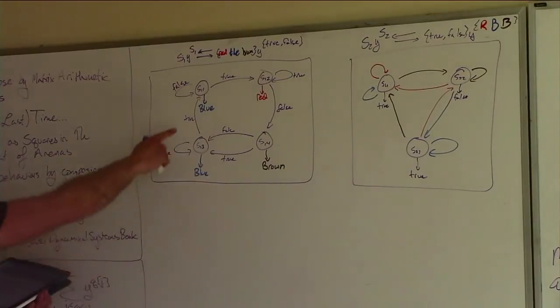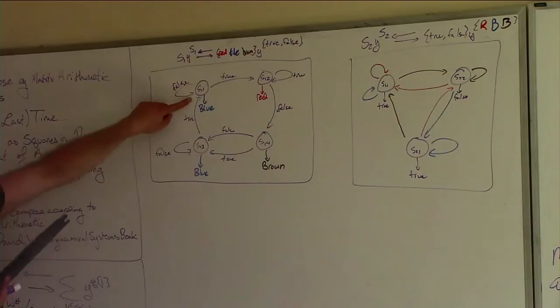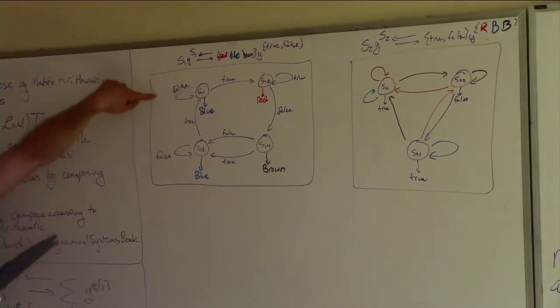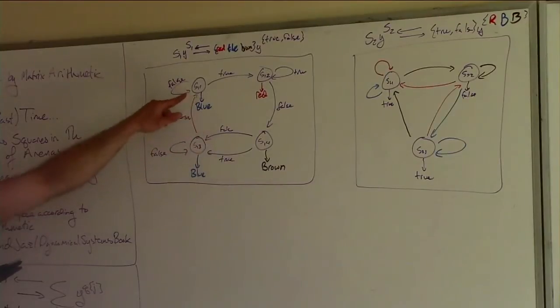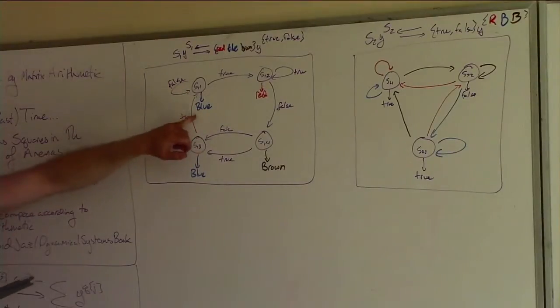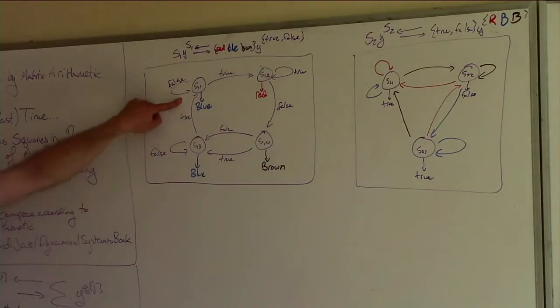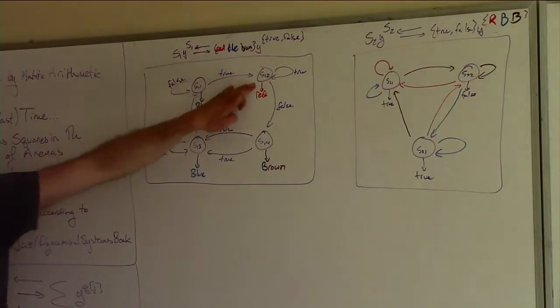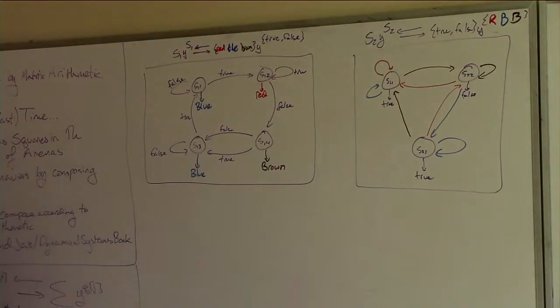If we look at state S11 up here, if I input false, it goes to itself, and it outputs blue. So this S11 is a blue false steady state. Note that S11 is not a blue true steady state, because if I input true, it goes over there. So being a steady state really depends on what you're inputting at the time.